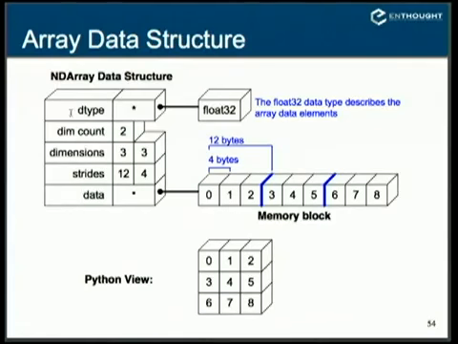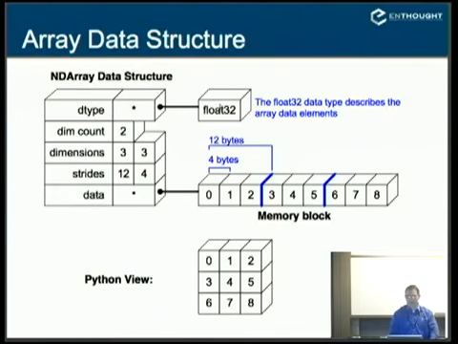How does it know about this? Well, the first thing is there's this thing called a dtype. And the dtype points at yet another data structure that is a data type. In this case, I call it float32. It could be int32 or whatever. But the first thing this does is inform it how big every element in this array is going to be, 4 bytes, and I want you to interpret that as an IEEE 754 floating point number.